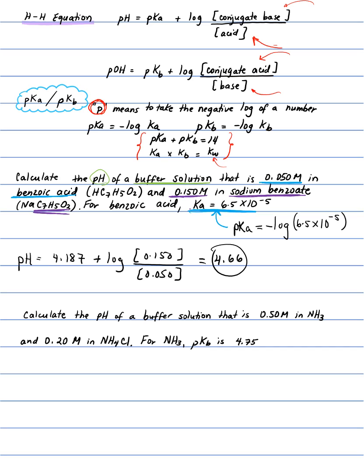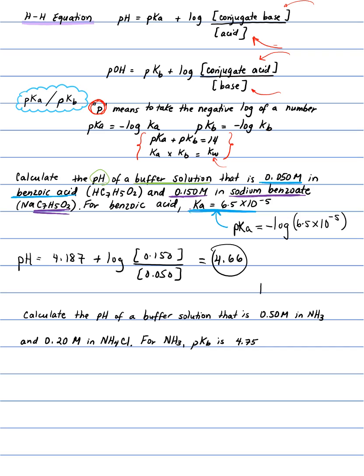Since you have the Ka value for your benzoic acid, you can actually calculate the pH just for benzoic acid in water. That's your ICE table, and you have your benzoic acid dissociating to give you H3O+ and the benzoate ion in solution.